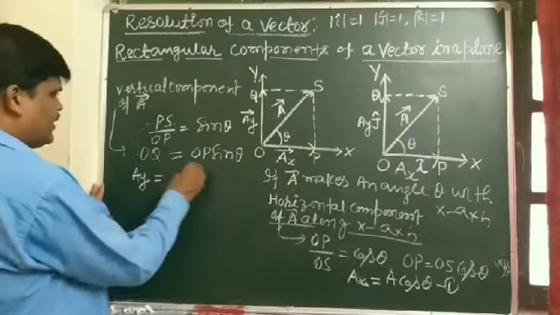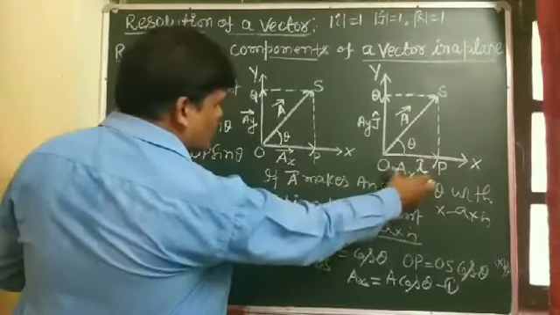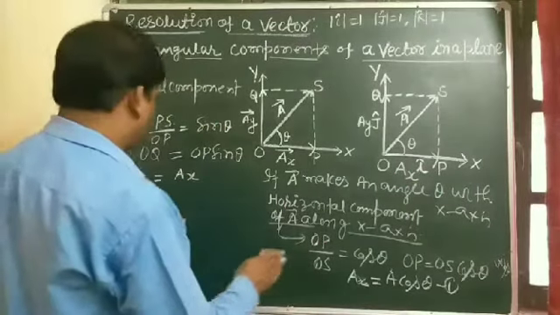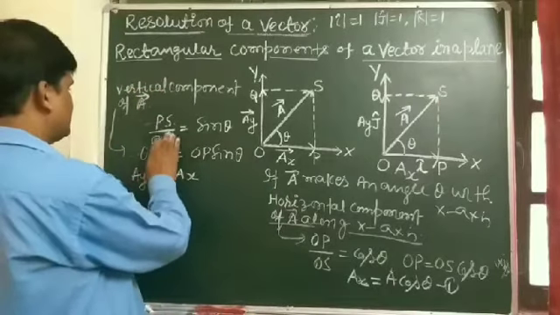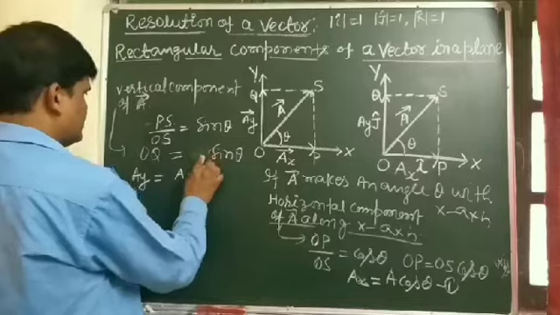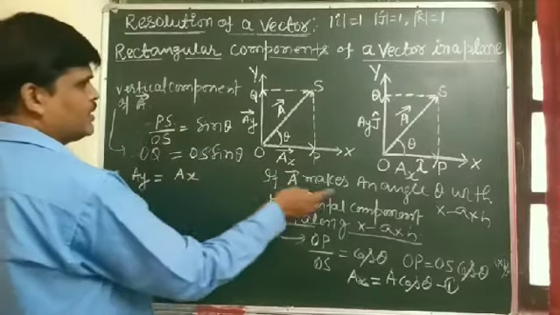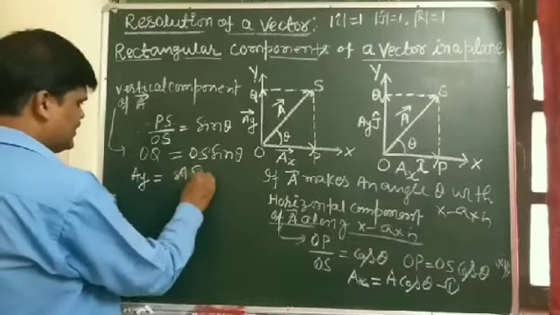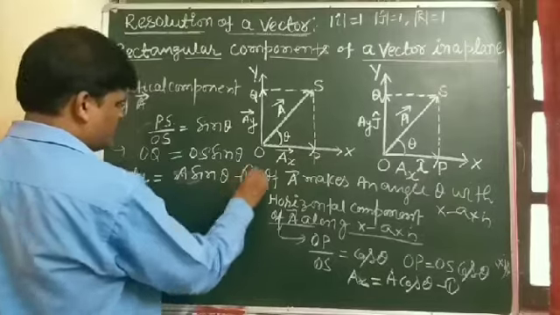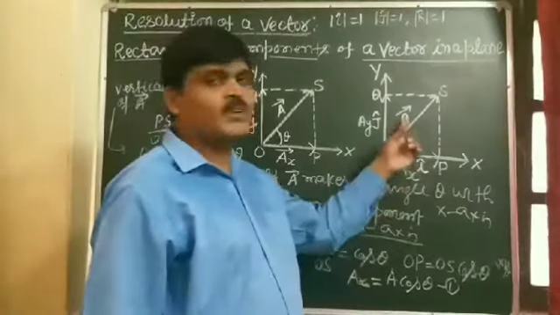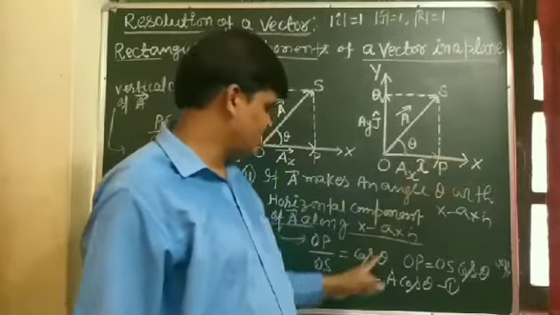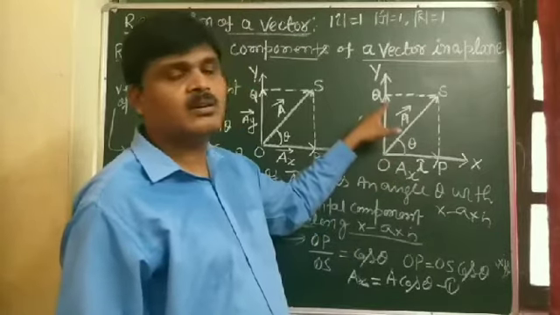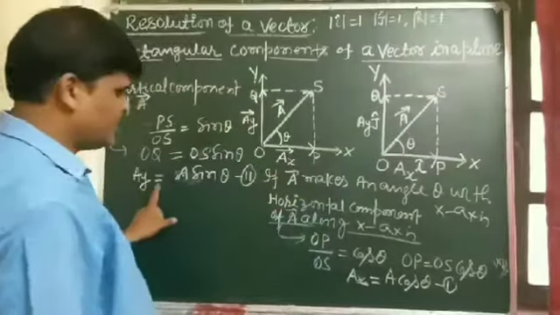So OQ is AY, and perpendicular by hypotenuse, PS by OS, gives A sin theta. So the horizontal component of vector A along the x-axis is AX, and the vertical component along the y-axis is AY.